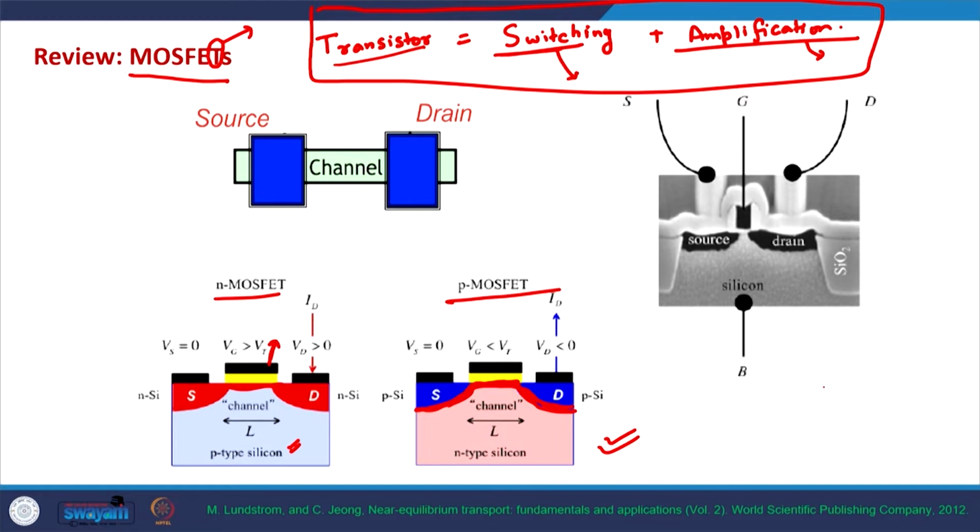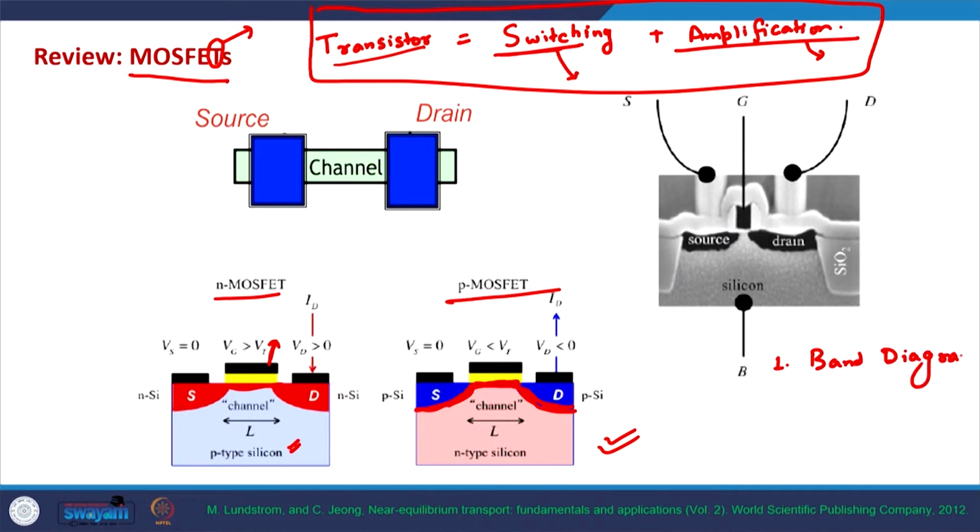So there are a few things that we need to understand properly if we want to understand either the conventional understanding of MOSFETs or even the nanoscale MOSFETs. The first thing is the band diagram.